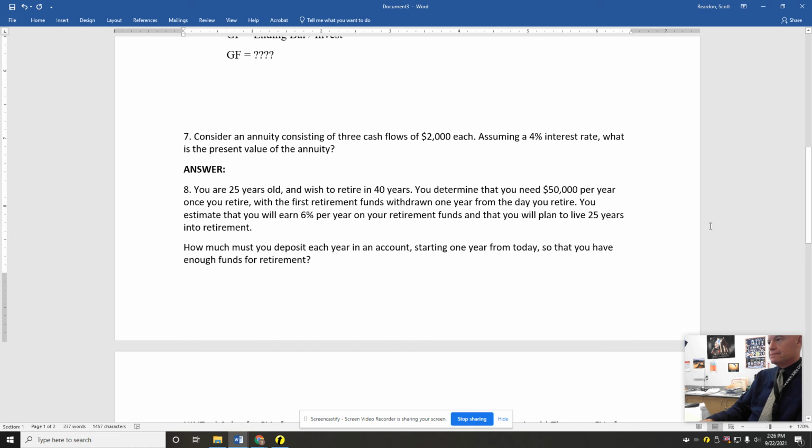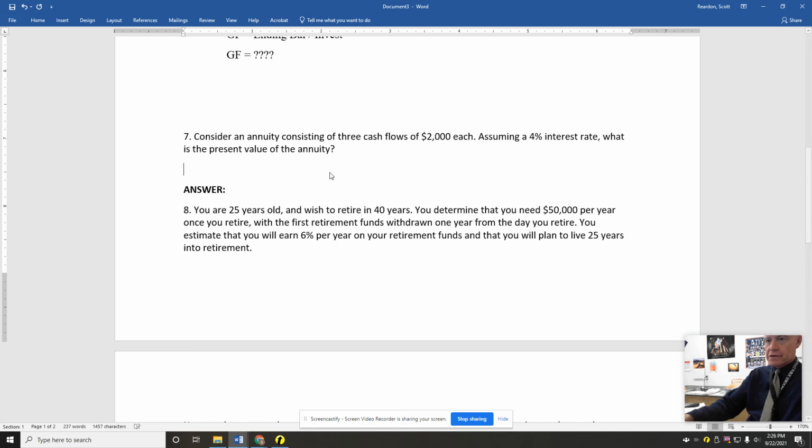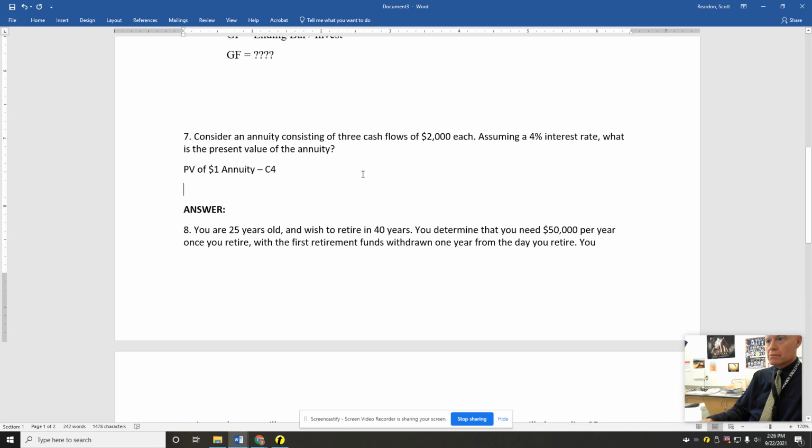Question 7. Consider an annuity consisting of 3 cash flows of 2,000 each. Well, already it said annuity, right? And it says, what is the present value of the annuity? Well, it should be pretty obvious. We're talking about PV of $1 annuity, or the same amount every year, which is table C4. How many years? 3.